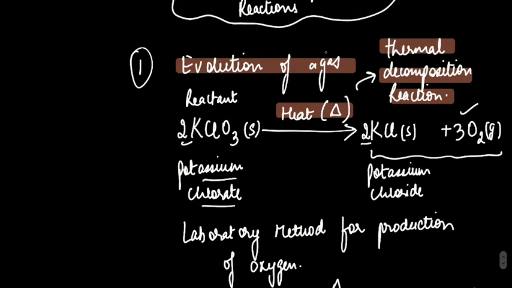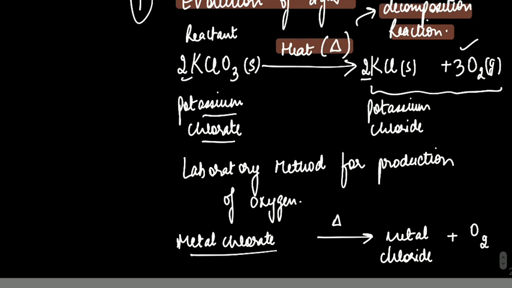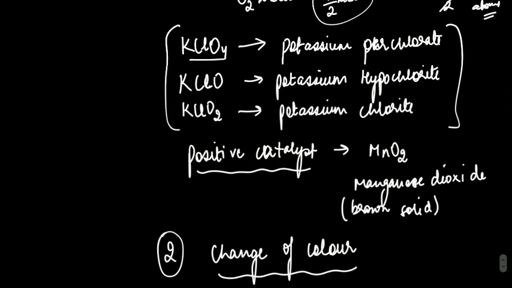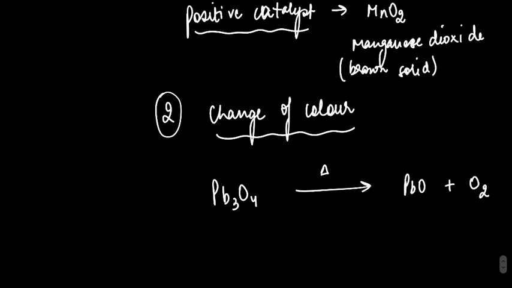It can be an evolution of a gas, plus we can even call this a redox reaction. About redox reactions we will be discussing much later on, not in this lecture. So, change of color. Now this is very much red in color. This is a red powdered form.